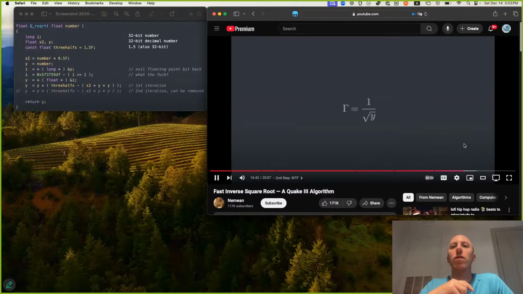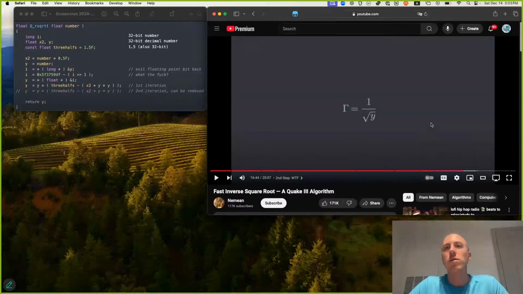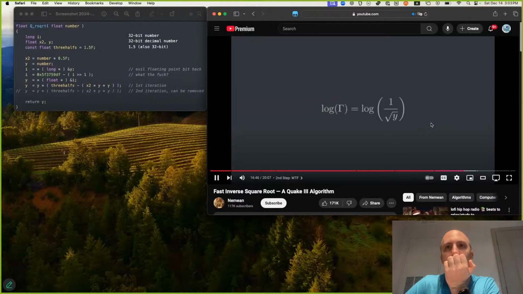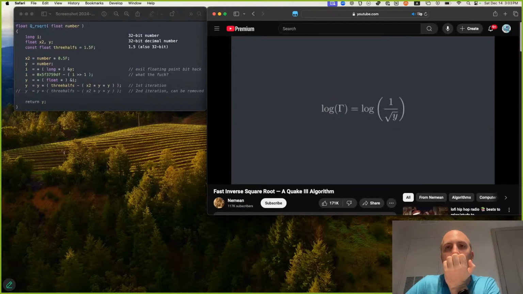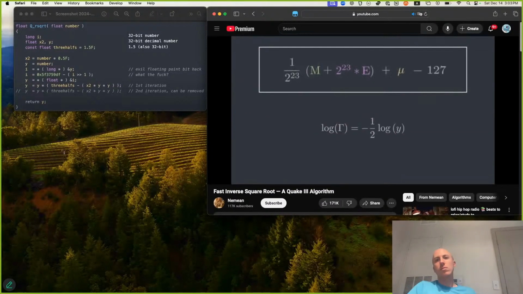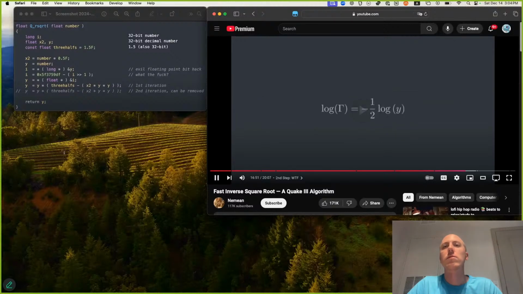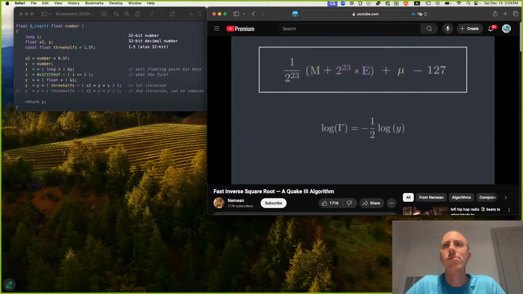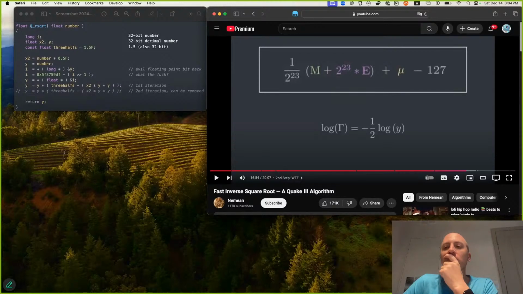Let gamma be our solution. Then we know gamma is the solution. That log of gamma equals log of Y to the power minus 1/2, which equals minus 1/2 times log of Y. Now we replace the logarithm with the bit representation.